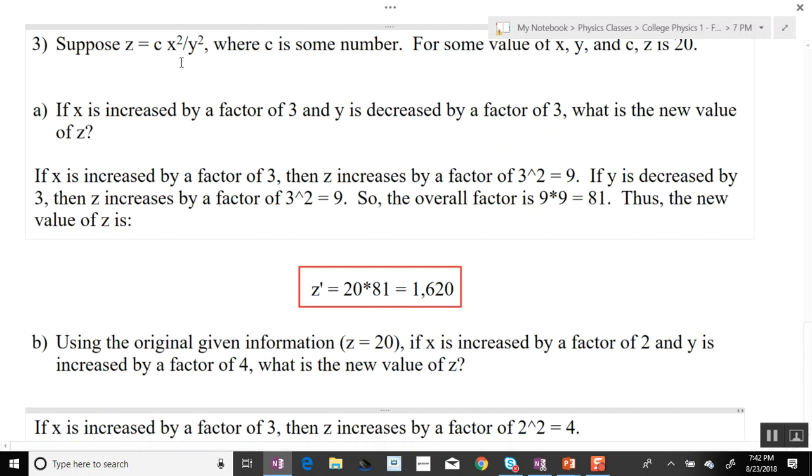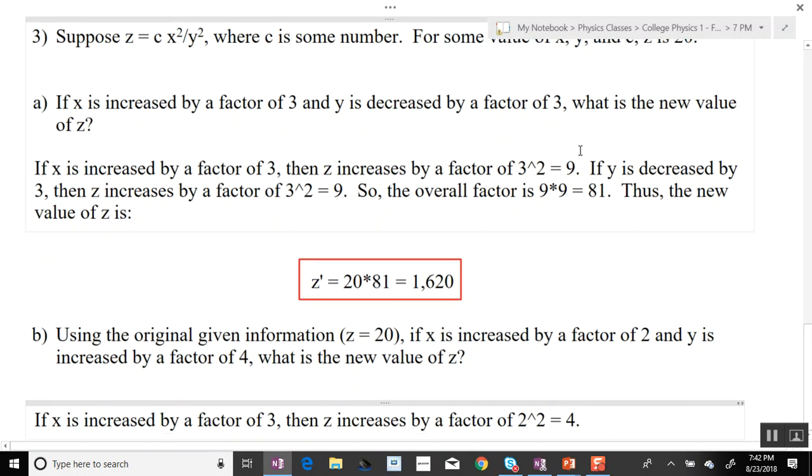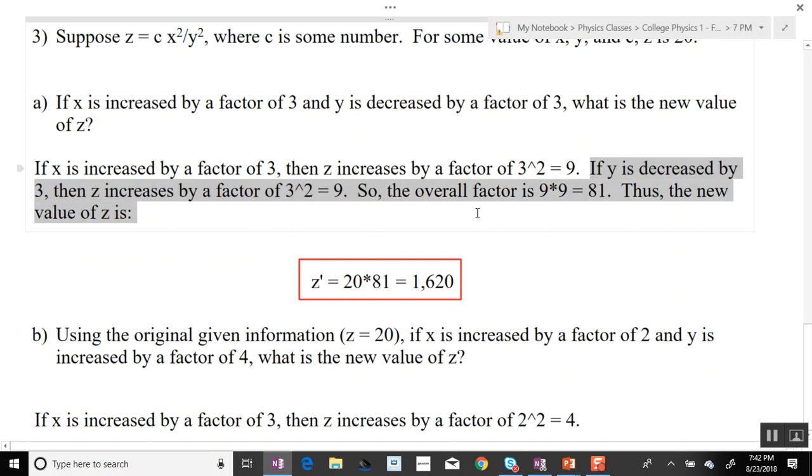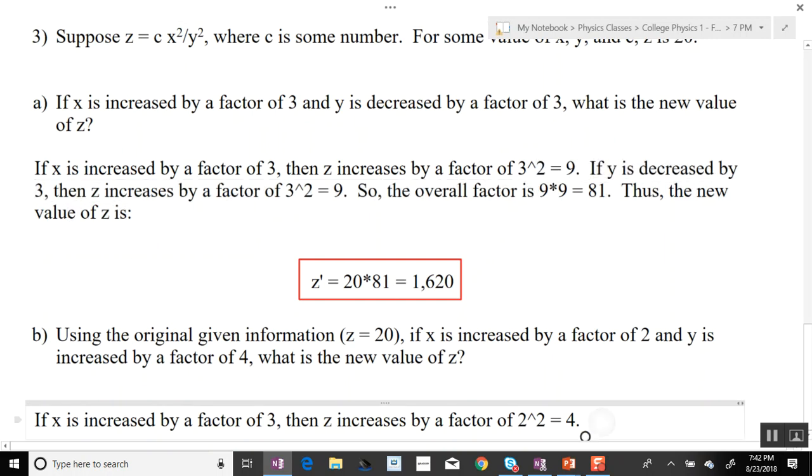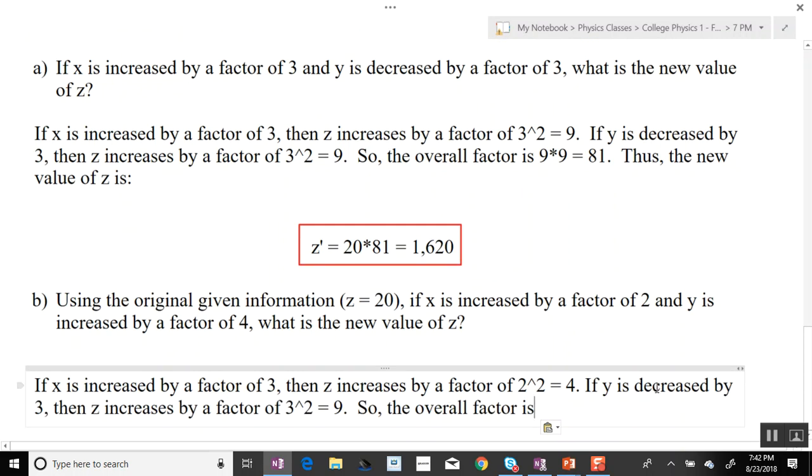What does it decrease by? 4 squared, which is 16. So if y is increased by 4, then z decreases by a factor of 4 squared, which is 16.